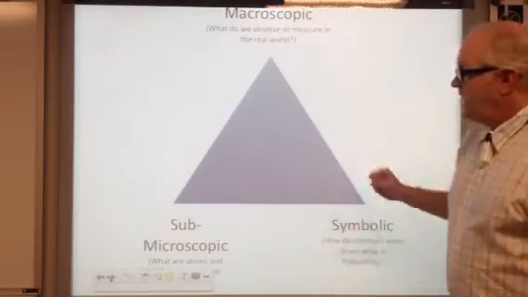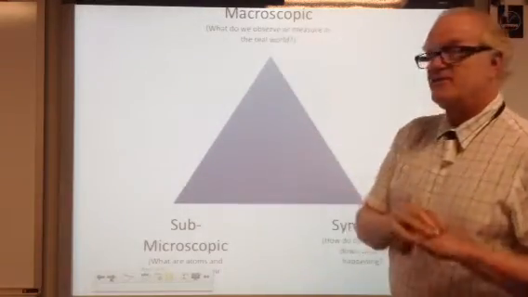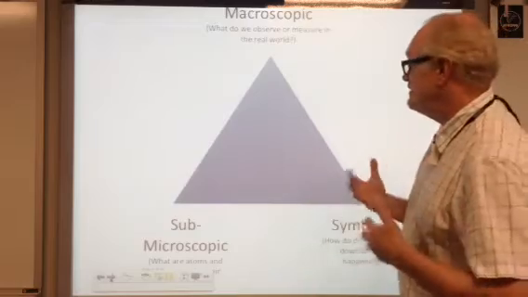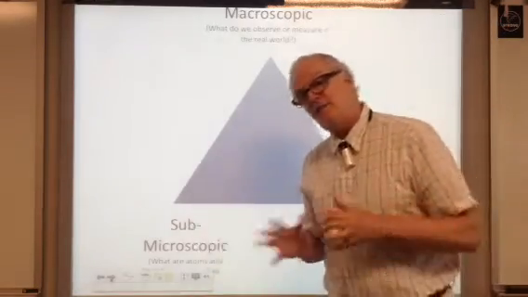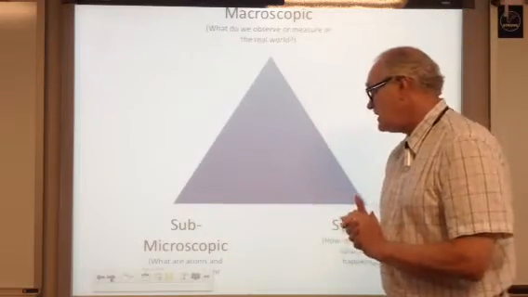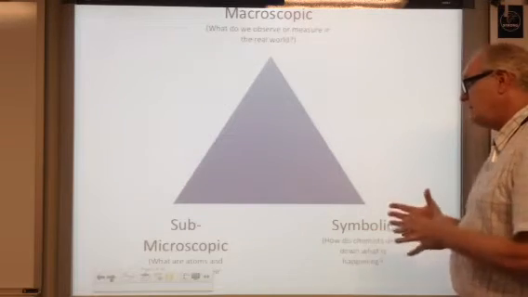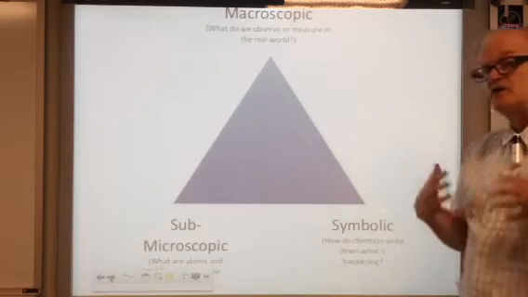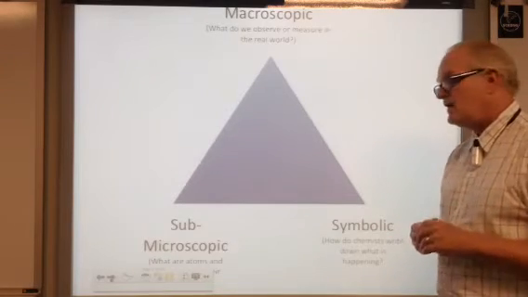Here's our little triangle that sort of sums up what we're trying to do in chemistry. We're talking about the things that we can look at or observe in the lab or the real world. In chemistry, we try to relate that to what's happening to very tiny particles within matter, atoms, and molecules. And then we also want to learn about how chemists write things down, what kind of symbols they use, what kinds of formulas they use to sum things up, how they write down numbers.